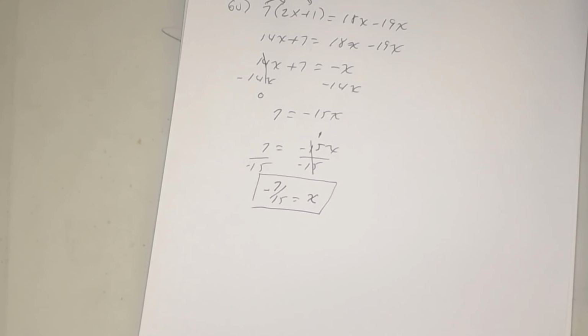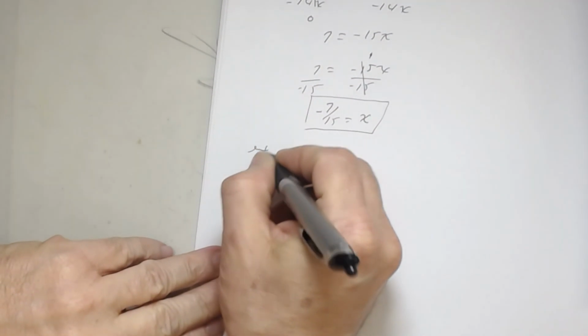Okay, all right, let's do number, let's see. All right, let's do 60. I'm going to go ahead and make this one up. So this could be an example.